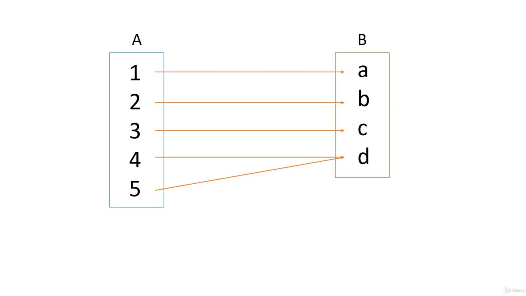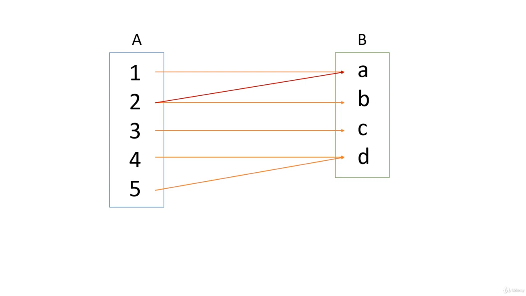So, that is correct. But if I have two arrows from some element in A to some other elements in B, it is not a function, because in B is our y and in A is our x. So for one x we get two possible y's, and that can't happen.